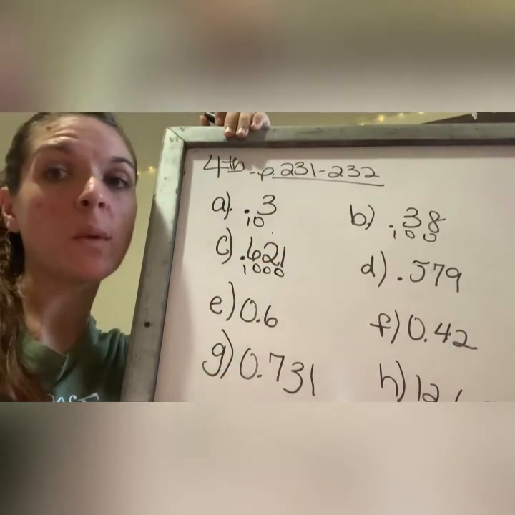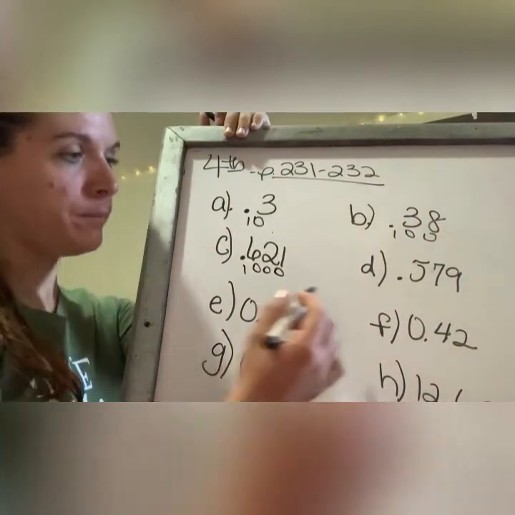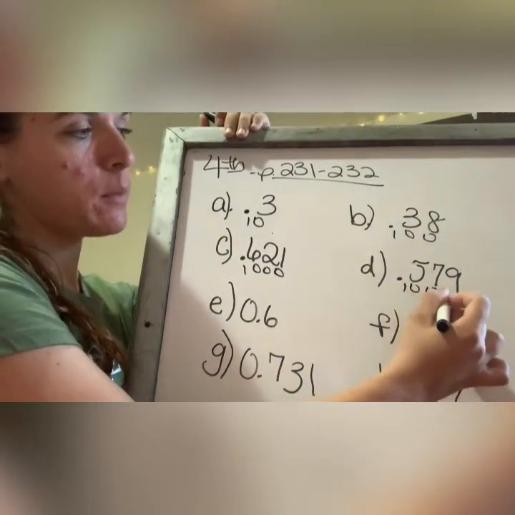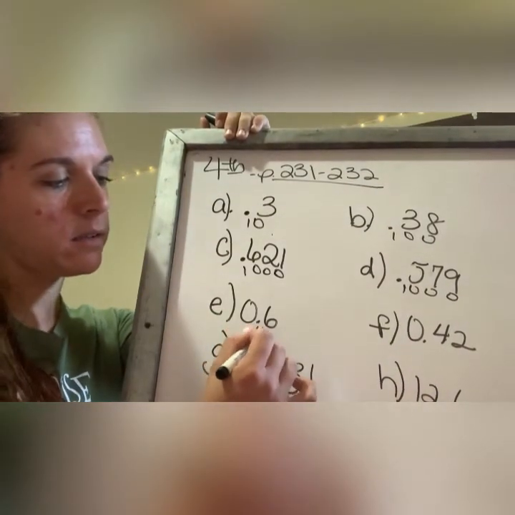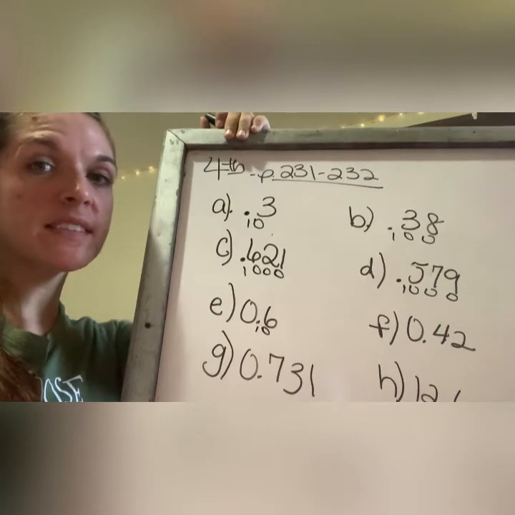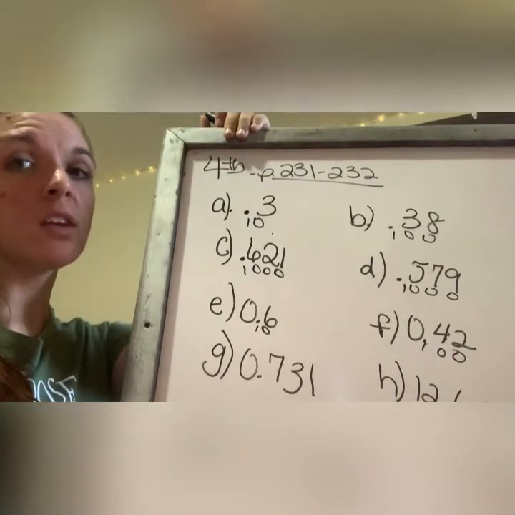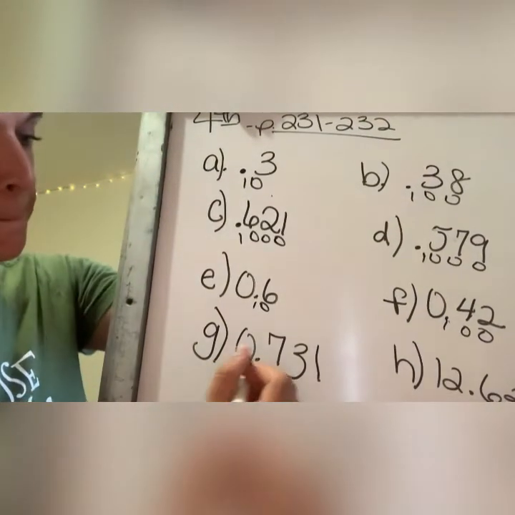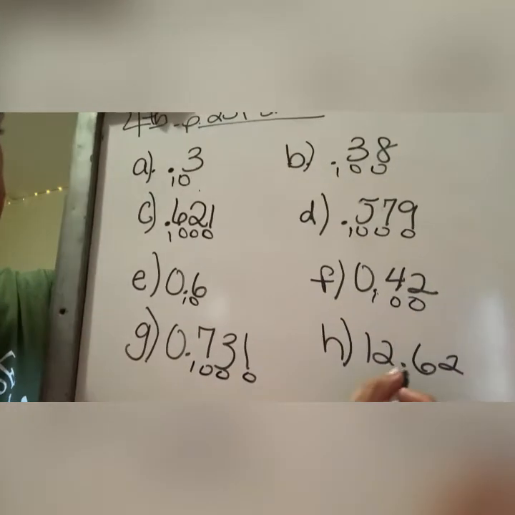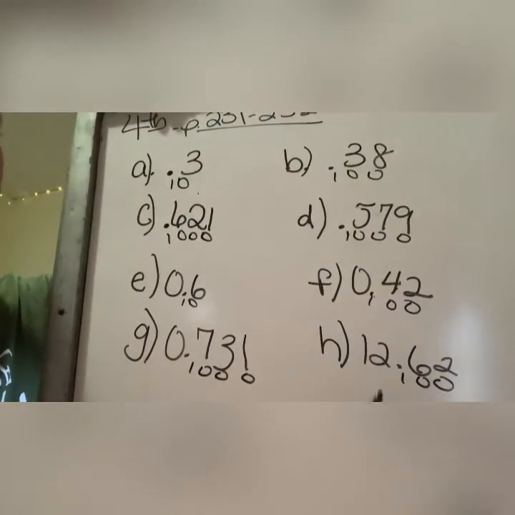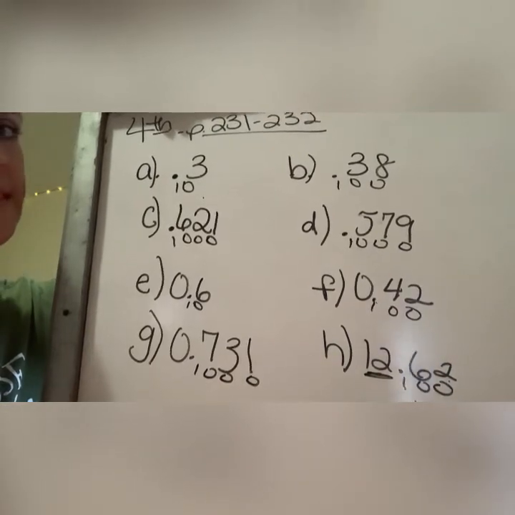So it's 621 thousandths. Same with this one over here. 579 thousandths. 6/10. 42 hundredths. 731 thousandths. Watch this one. 12 and 62 hundredths. Okay?